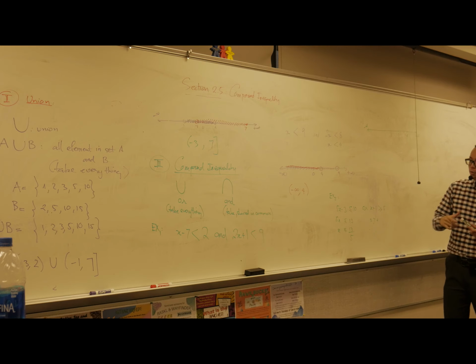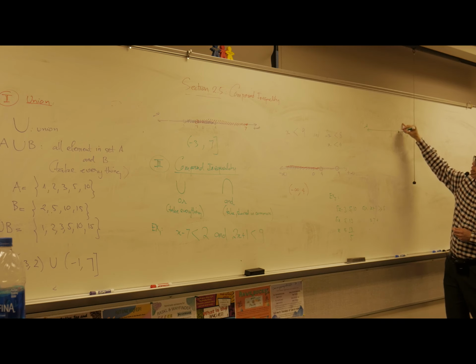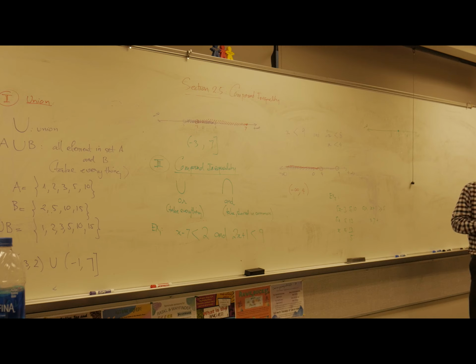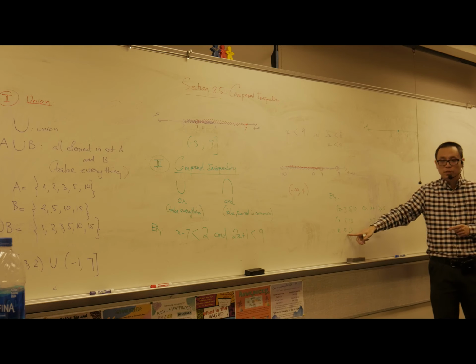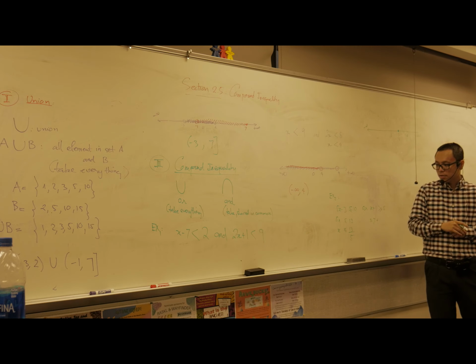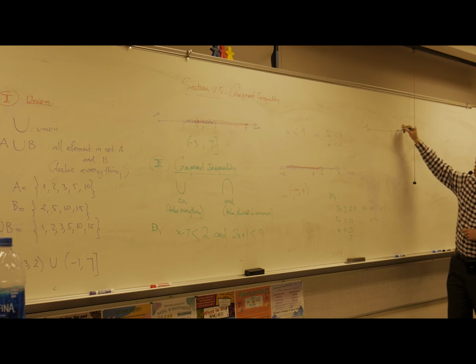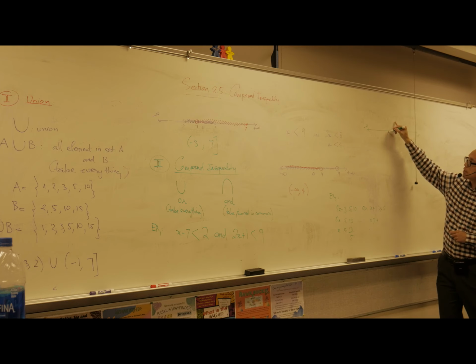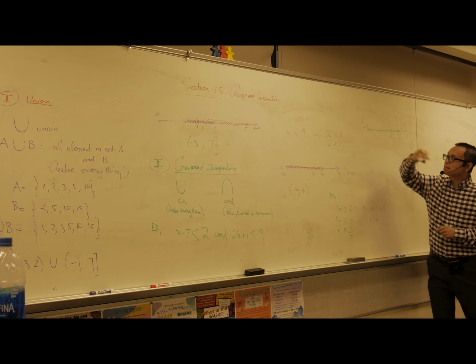Alright, less than or equal, so this is going to make a dot. And this is pointed toward the left side, so you're going to shift everything to the left, like that.